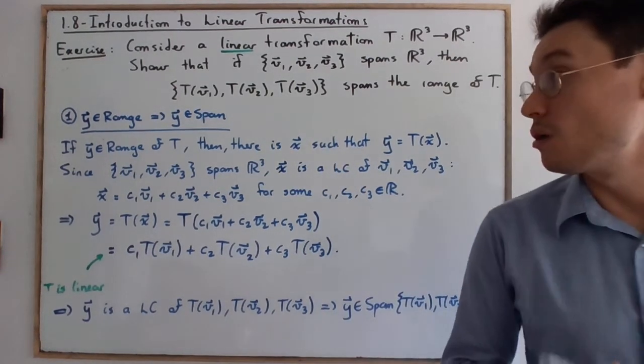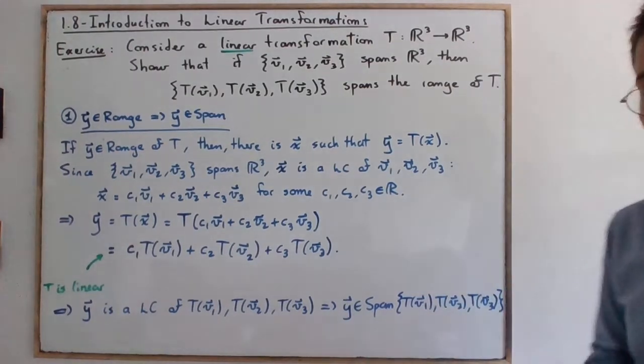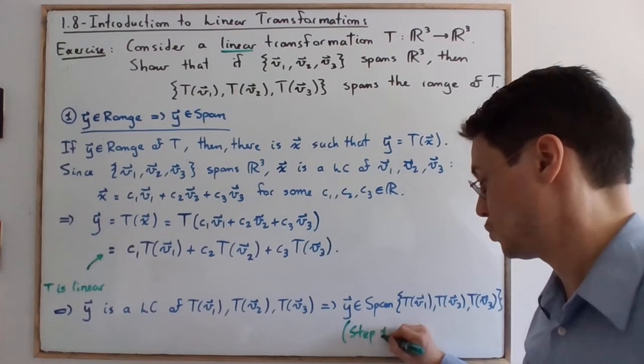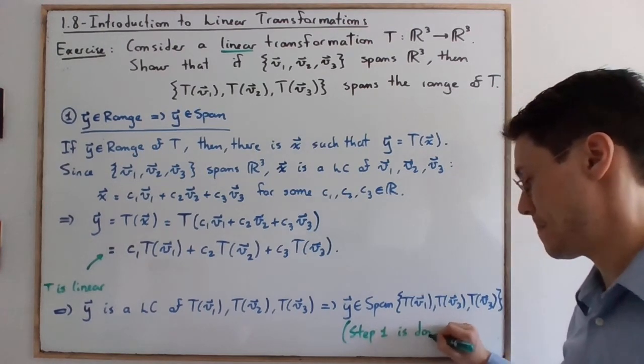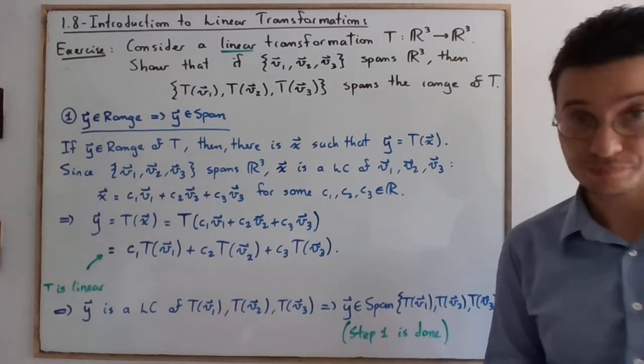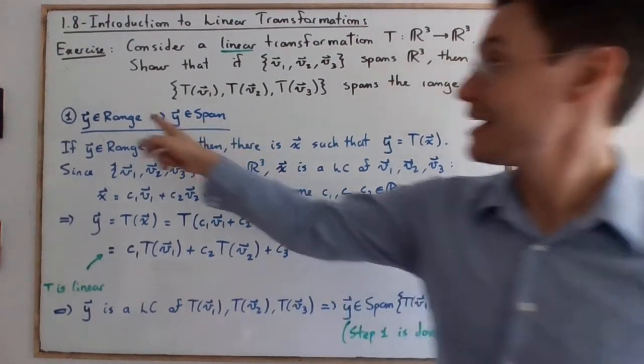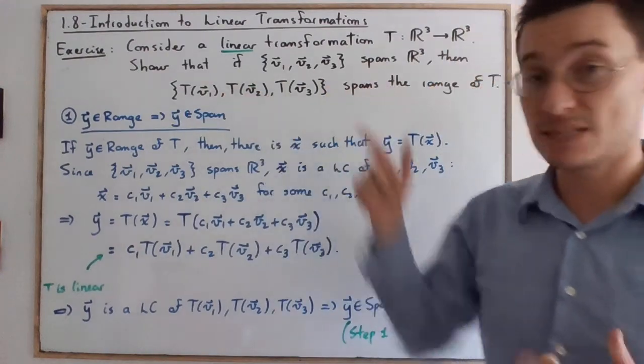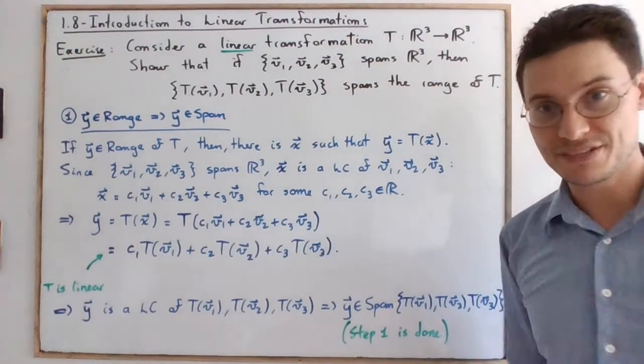Step 1 is done. We just proved that if y has a preimage, then necessarily y is in the span of these 3 vectors.